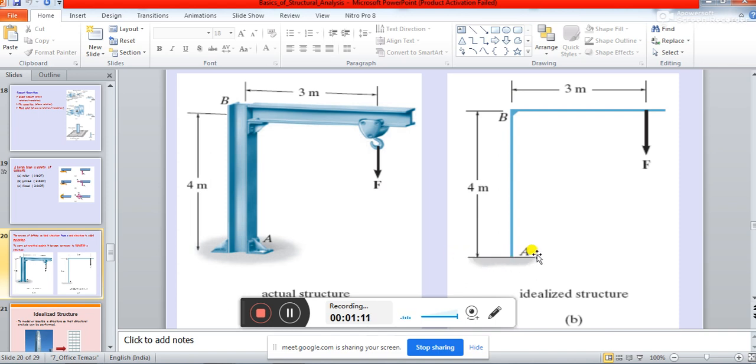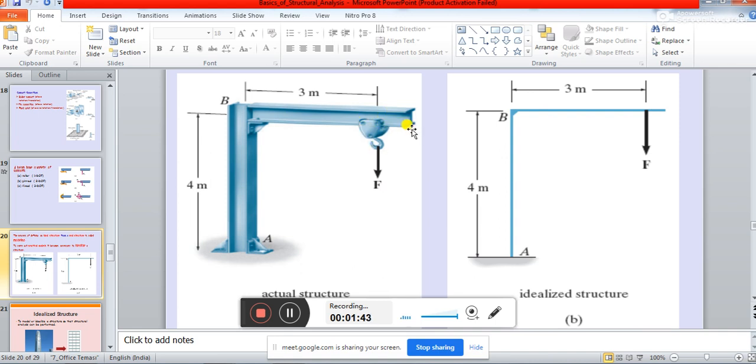This column will be attached to a fixed support, and after that there is a beam, and you notice this support will be just giving it fixity. There is a fixed type of connection from this column to this beam, and thus there will be a kind of fixity over here, and then there is a beam extending beyond this point.